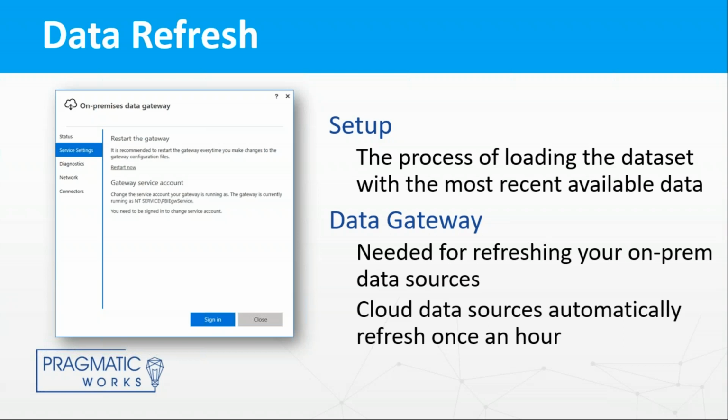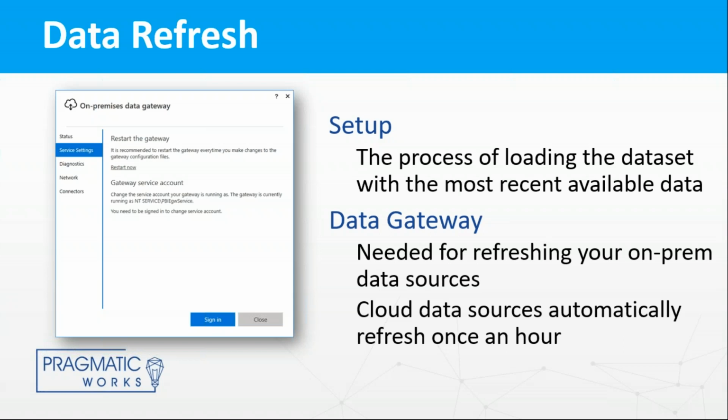So if I have a scheduled data refresh that's set for 2 a.m. and my data gateway is on a laptop that's asleep overnight, then it's not going to be able to refresh the data because it's going to attempt to pull from a data gateway that's not turned on at the moment. So typically what you'll see larger enterprises do is they'll install a data gateway on its own dedicated virtual machine. That's ideal.